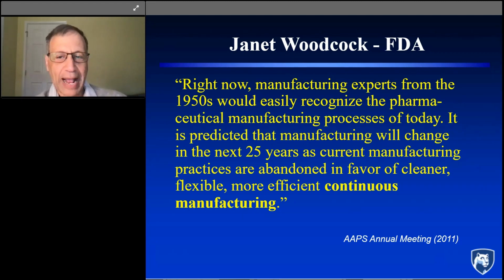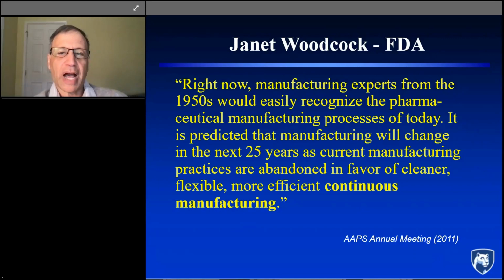Now, there are a number of strategies that can be followed to improve the cost of manufacturing, but one of these that has been identified specifically by the FDA is continuous manufacturing.